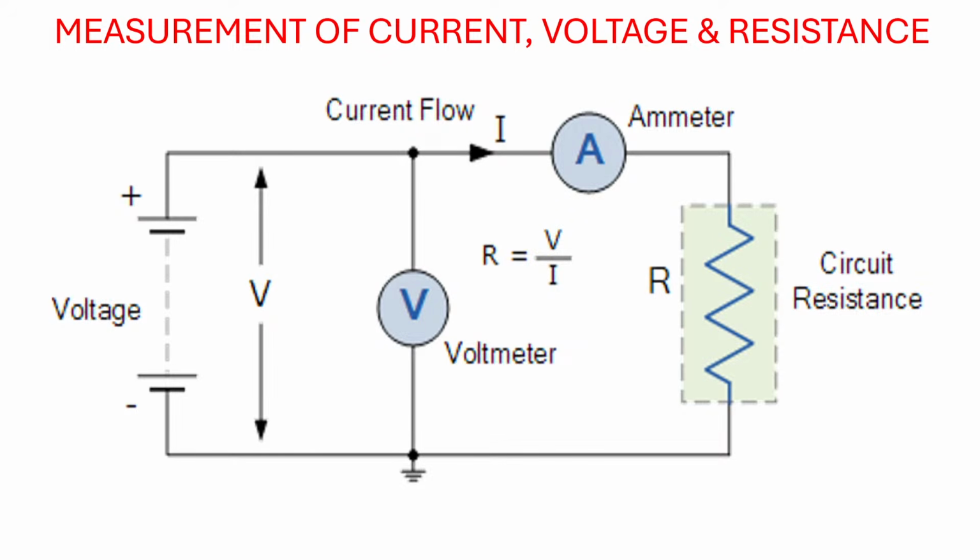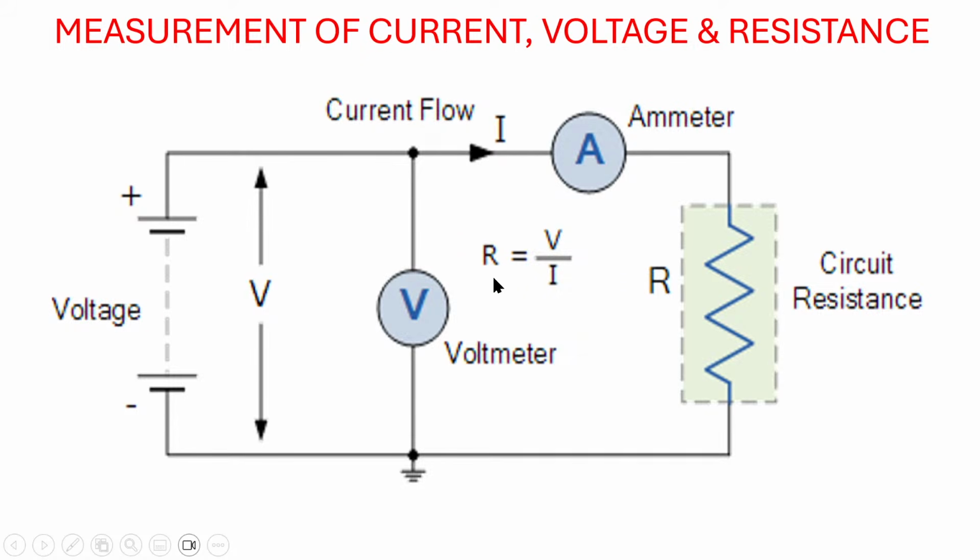Just create a simple cut, then put the probe of your ammeter on one side and the other on the other side. It is going to measure the current flowing through the circuit. To measure the resistance, all you need to do is connect your ohm meter across the resistor and it will tell you the resistance.